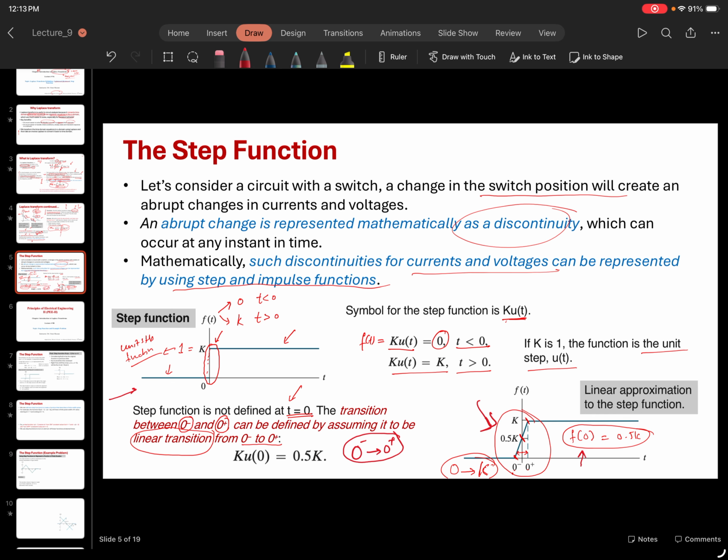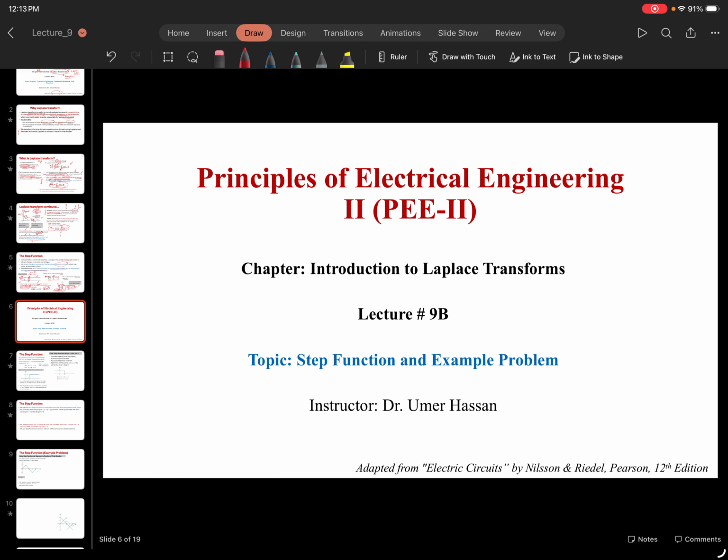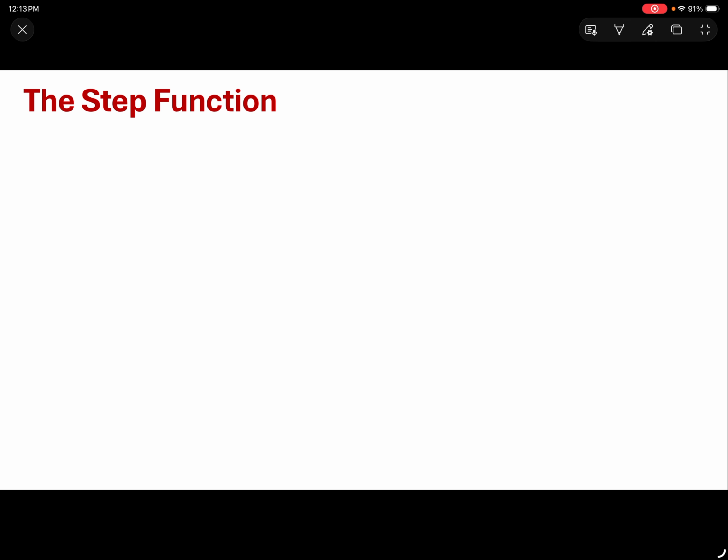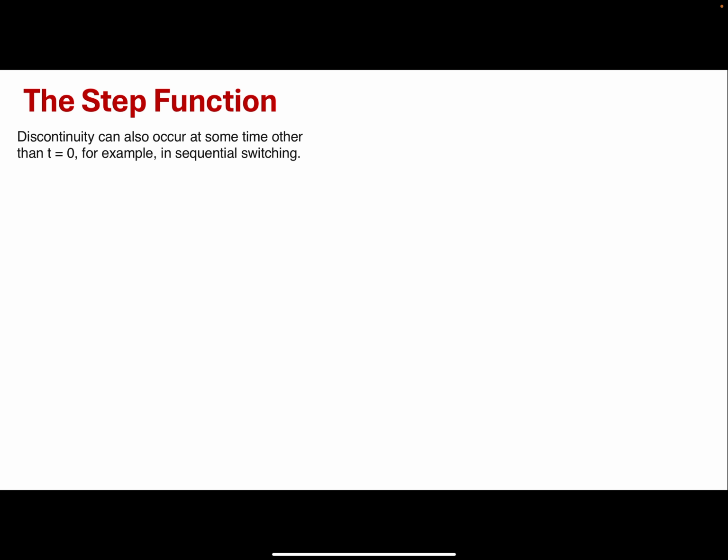Then the value at 0 is going to come out to be 0.5 times k. So we define the step function like this while modeling the discontinuity as a linear approximation. We're going to continue with the step function in this part of the lecture and learn more about it. Okay, so let's continue.